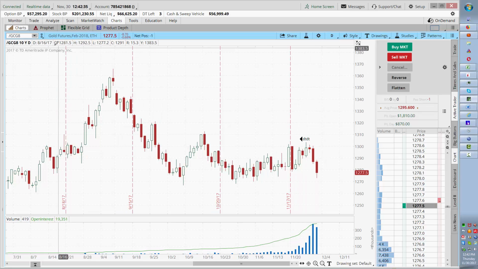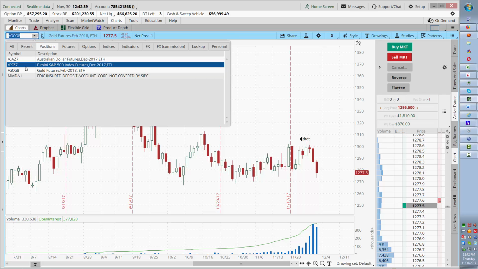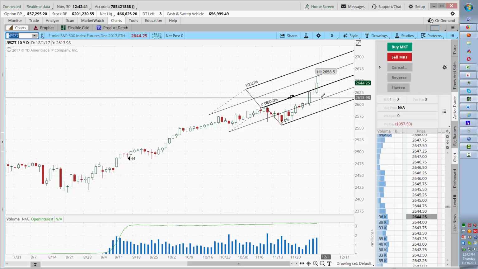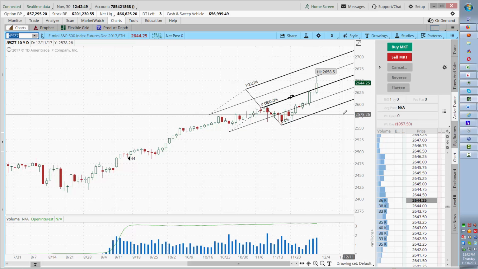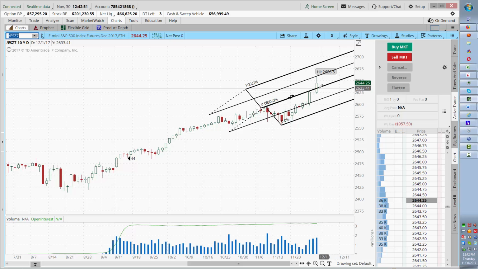So let's look at ES. Now this one's kind of interesting. Okay, remember we had that ES thing. We have the double trouble pattern, the ES, and this is a thrust pattern here to the upside. And sure enough, I was crazy enough to put some sells in here and took a small loss.